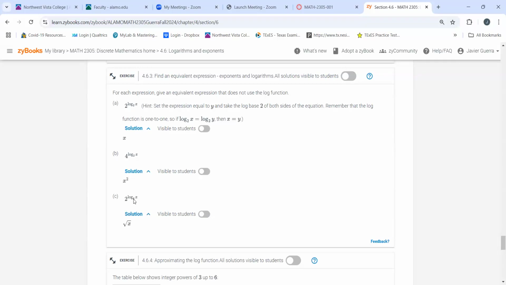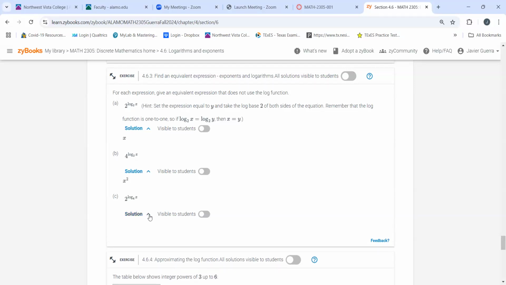This one, I can rewrite 4 as 2 squared. Let me think. That's an interesting one. Well, I can rewrite it as the square root of 2.